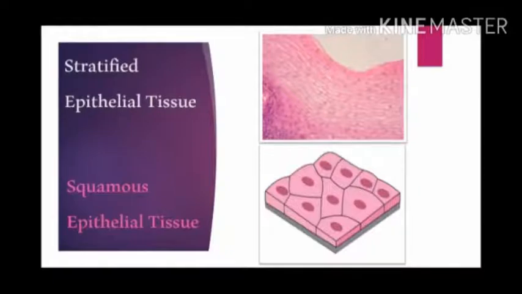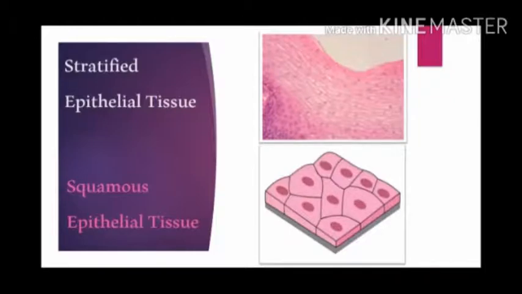In this picture you can see that the first one, that is stratified epithelial tissue, consists of more than one layer of cells and gives a stratified appearance. So we can easily understand by picturing layers and layers and layers, it becomes a stratified epithelial tissue.